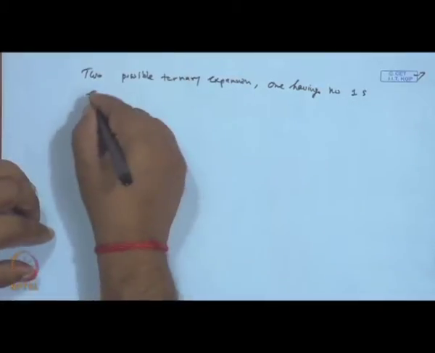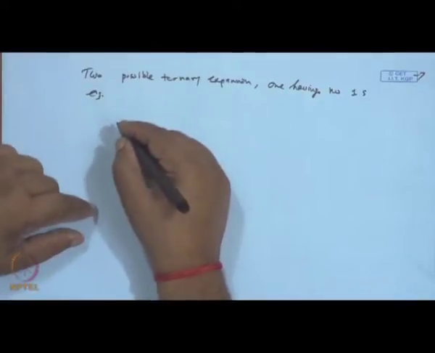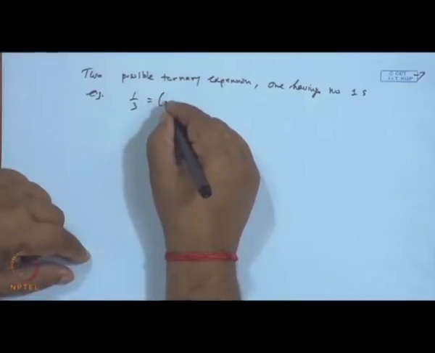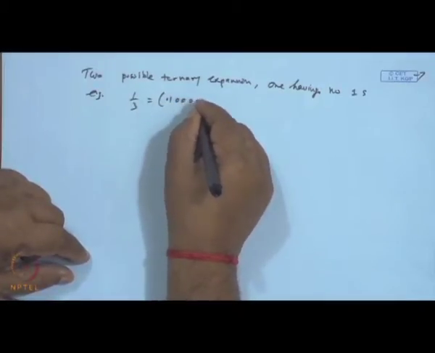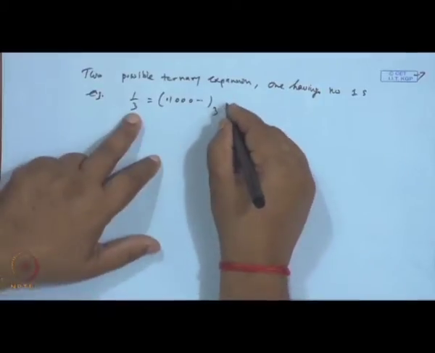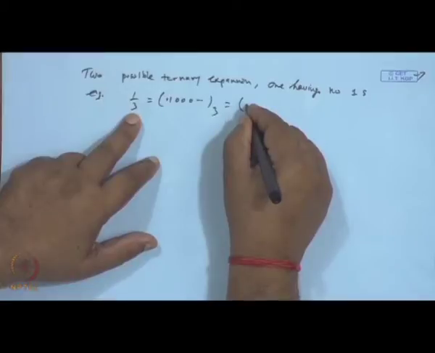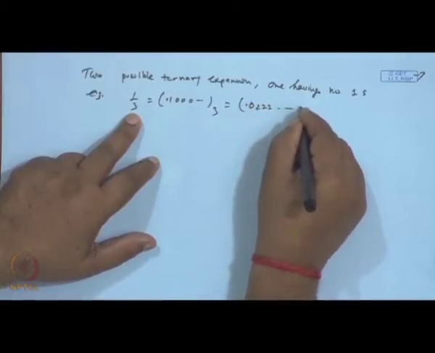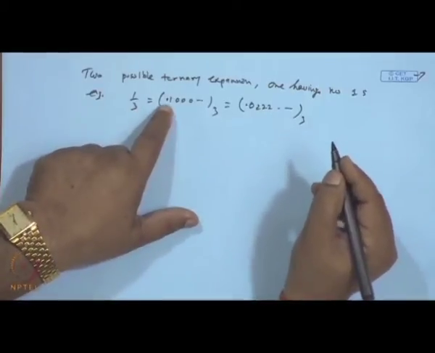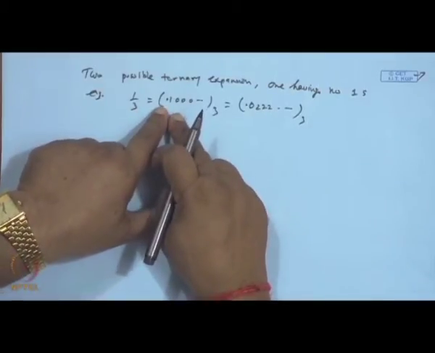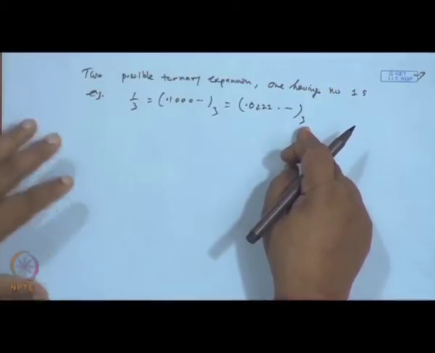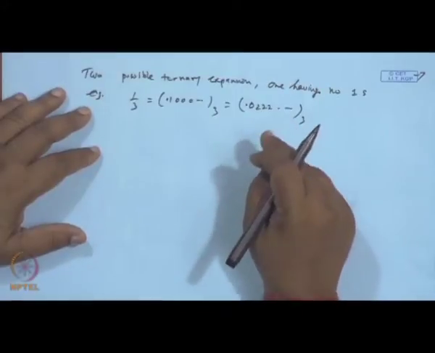For example, if I take 1/3, the ternary expansion of 1/3 will be 0.1000. If I take the same point, we can also write it in the form 0.0222, which approximates to 1/3. So, one of these expansions will involve ones and the other will not have any ones. So, at least one will have no a_n equal to 1.